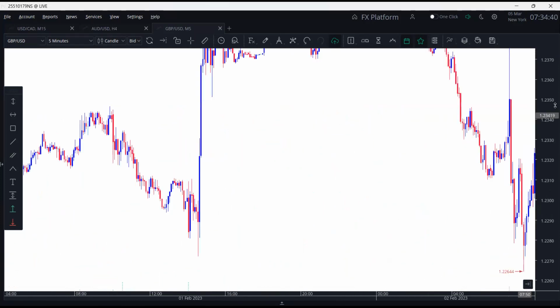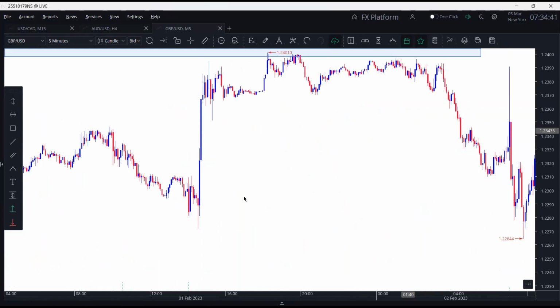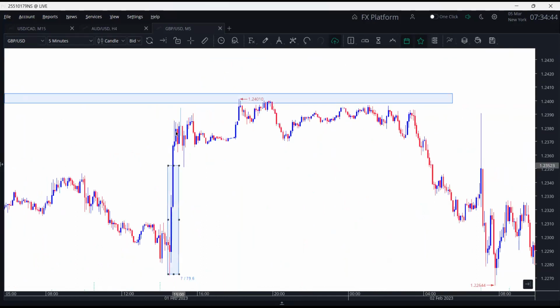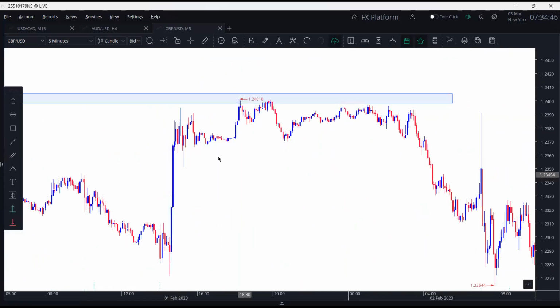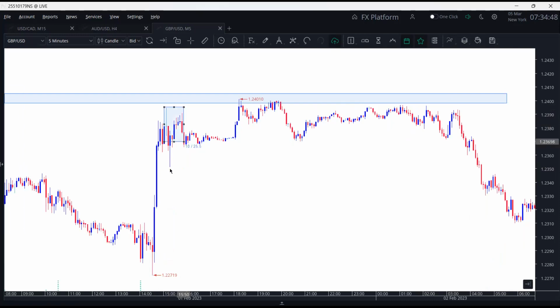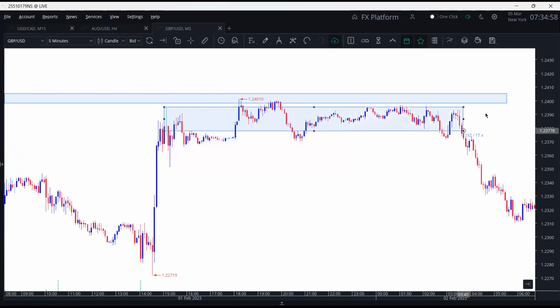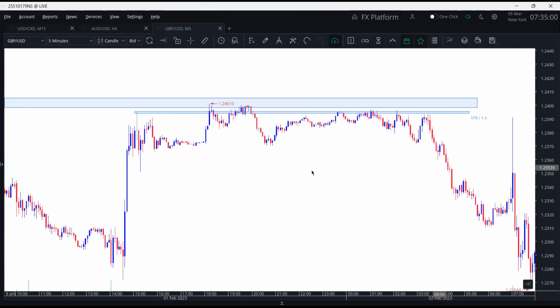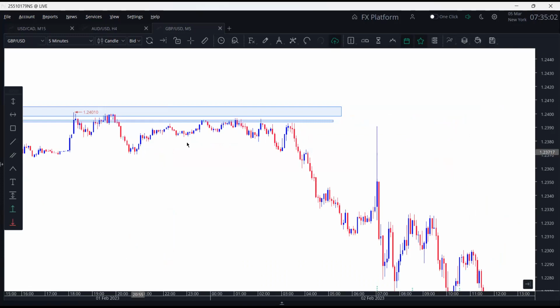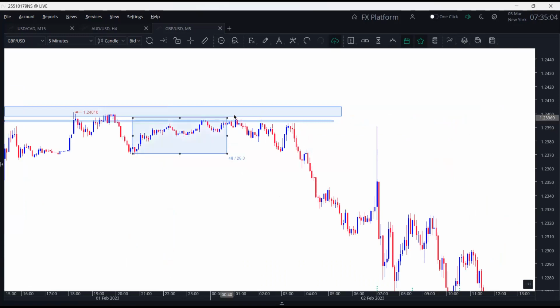So after that, easily we can see another example right here. We have a pole, strong movement here, and after that we have a flag. So this flag took the price to the target, and if we consider it as a QM level, you would see that the orders now are in this area.